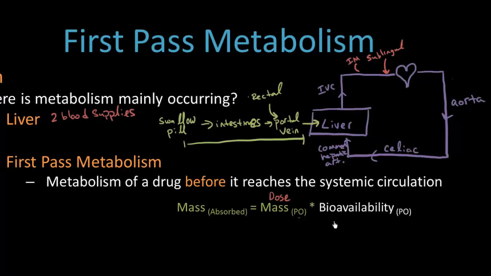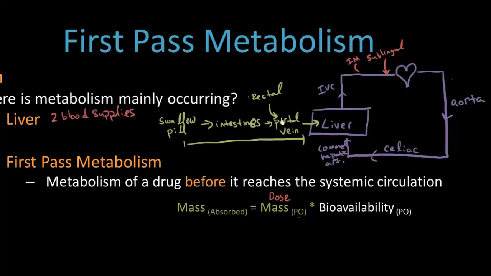I multiply that by the fraction of the drug absorbed, the bioavailability. And this is really the only way that we can get a sense of the first pass metabolism. And so drugs that have a low bioavailability undergo a lot of first pass metabolism, and thus the amount of drug absorbed would decrease.